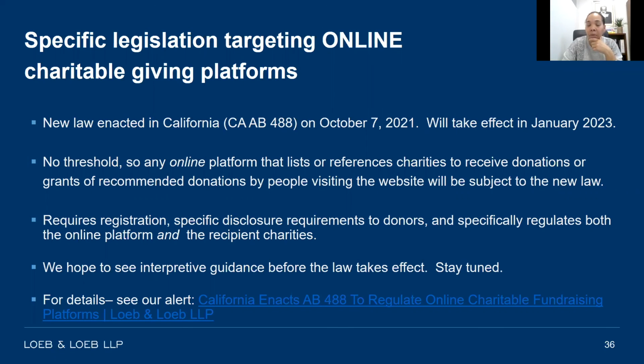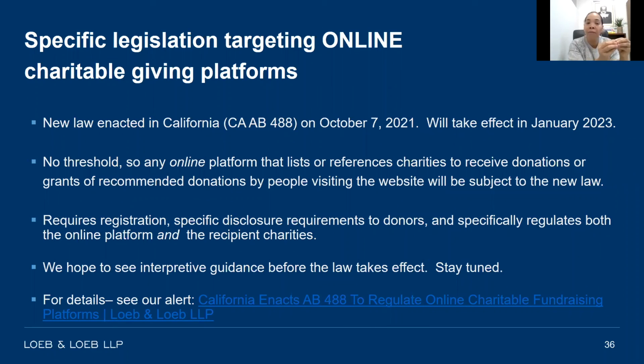So we have some time, and we're hoping to get some interpretive guidance, some FAQs at least, soon and before it goes into effect. But for now, just know that California is the first state that is specifically going to be targeting online charitable giving platforms for definition and for registration.